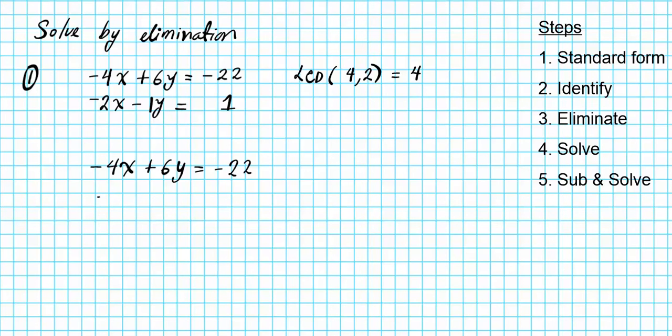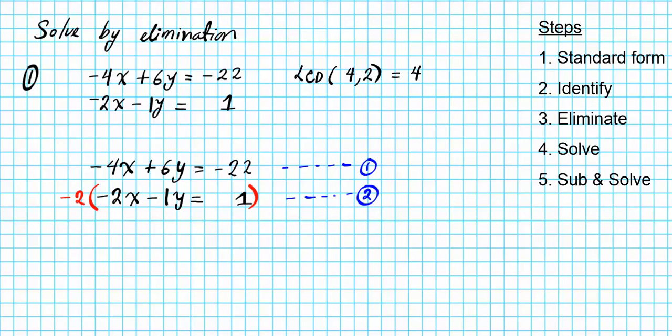And then we have negative 2x minus y equals 1. I'm going to call this equation 1 and this equation 2. I'm going to multiply equation 2 by the number that will make this the opposite of 4. So multiply it by negative 2.